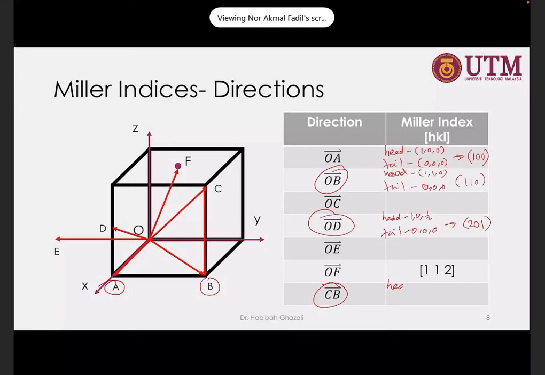Head. Wrong. 110. Tail is 111. So what is the Miller index for this one?